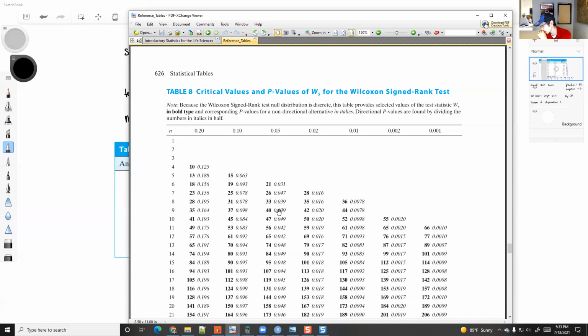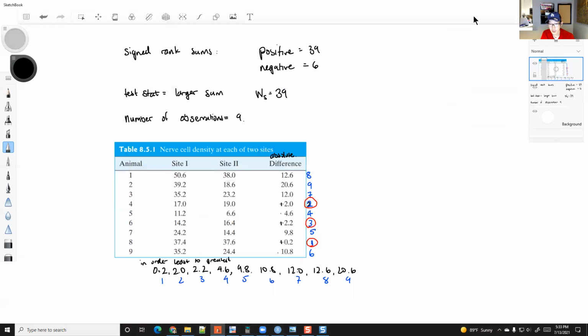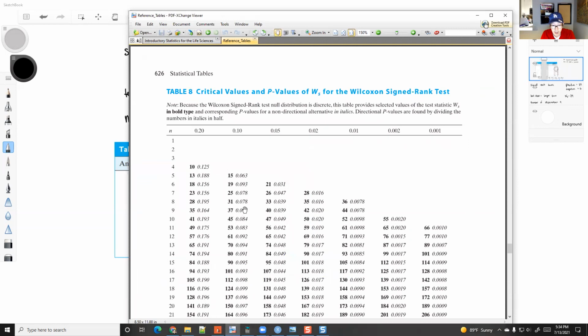So our non-directional p-value from the table is between 0.098 and 0.039.